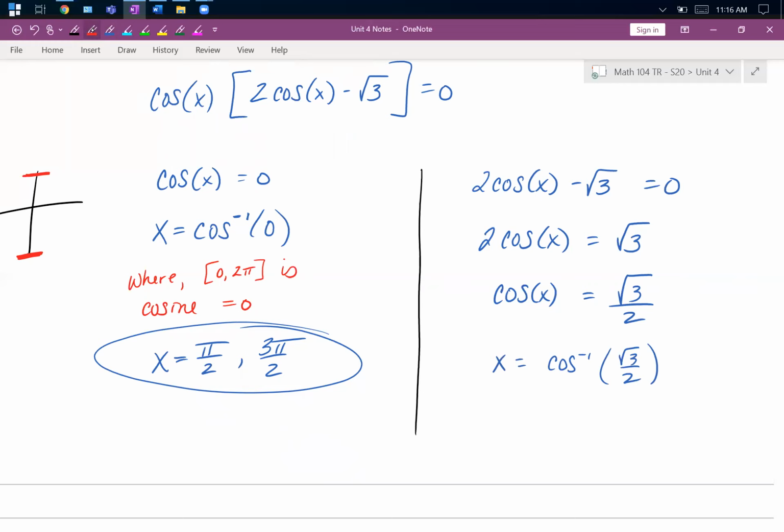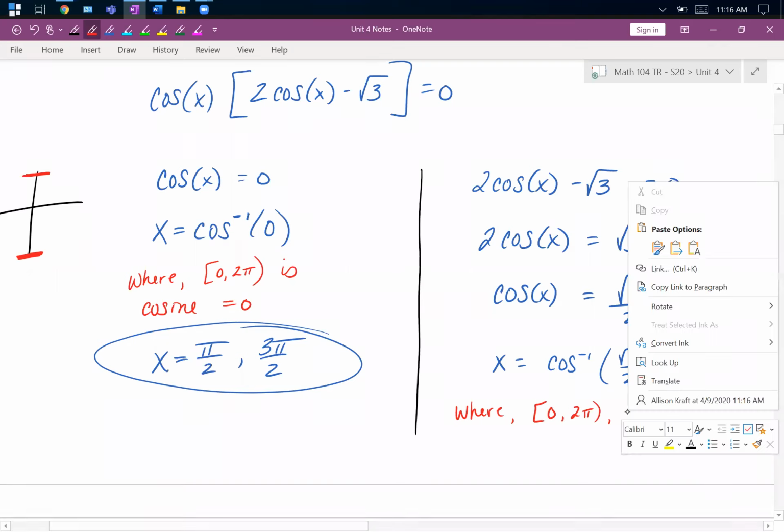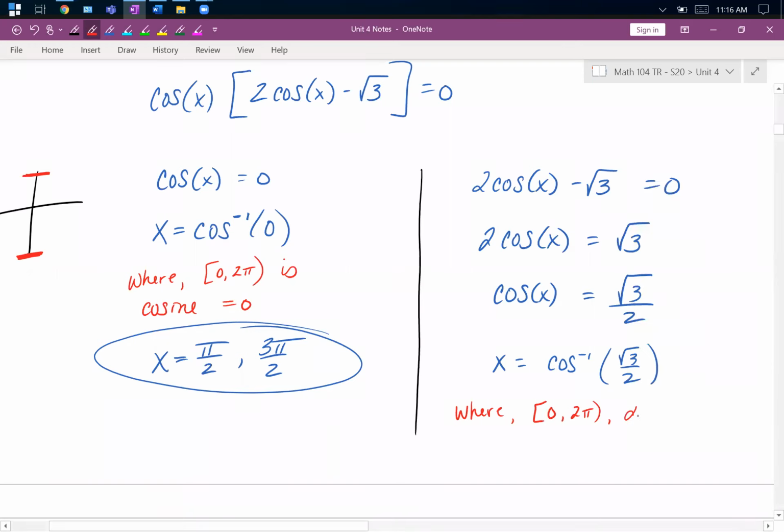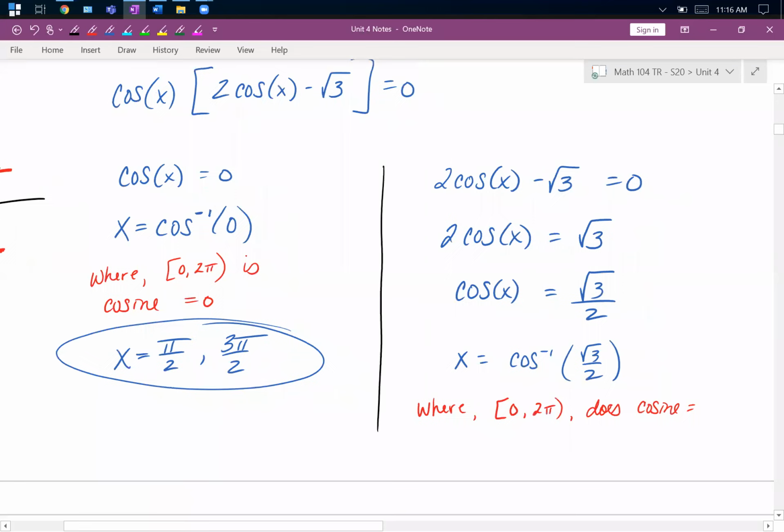So the question becomes, where from 0 to 2 pi does cosine equal square root of 3 over 2?